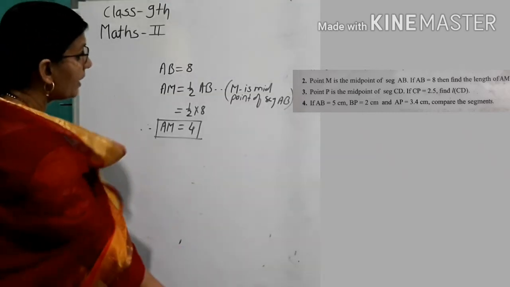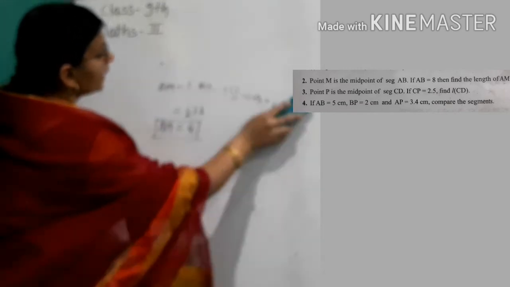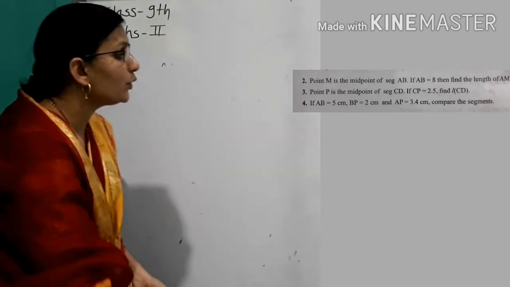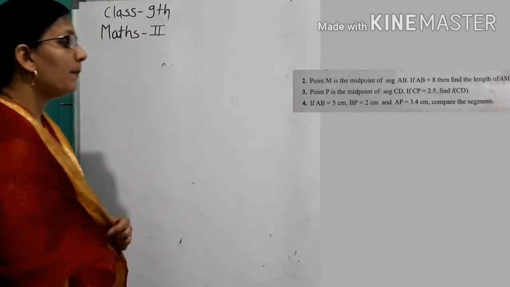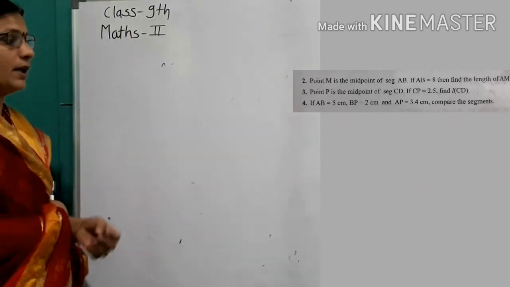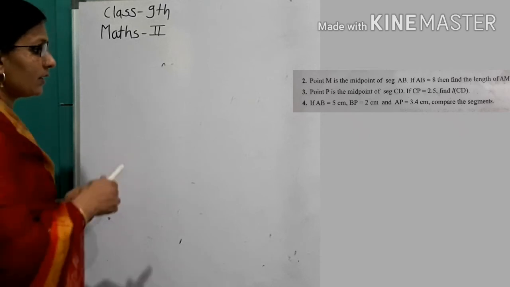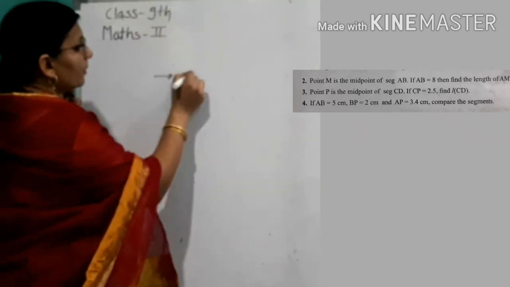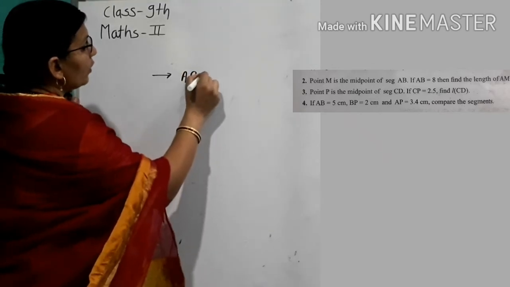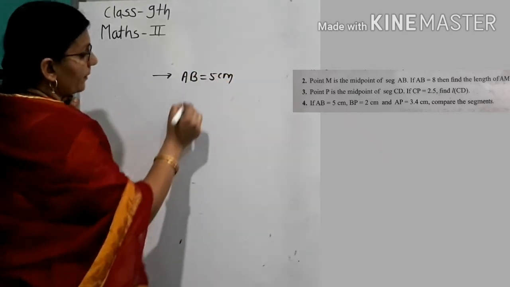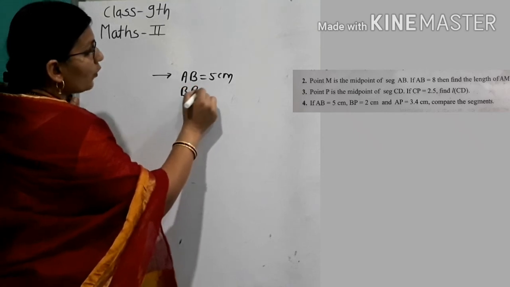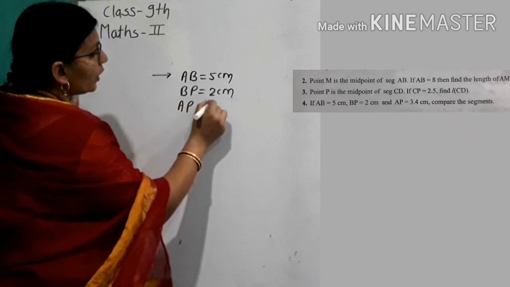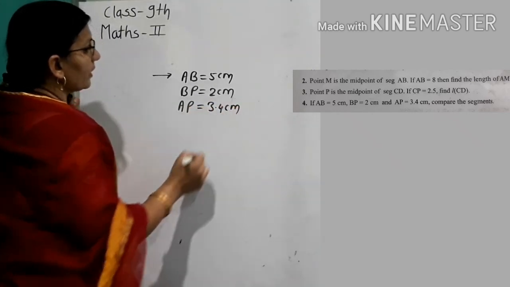Then example number 4. If AB equals 5 cm, BP equals 2 cm and AP equals 3.4 cm, then compare these segments. First of all, I write the lengths of the given segments: AB equals 5 cm, BP equals 2 cm and AP equals 3.4 cm.